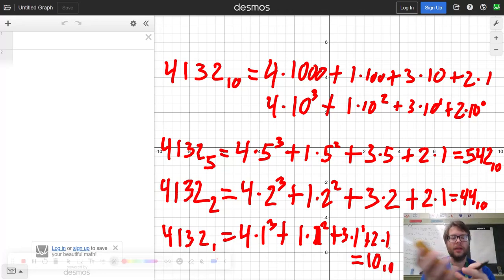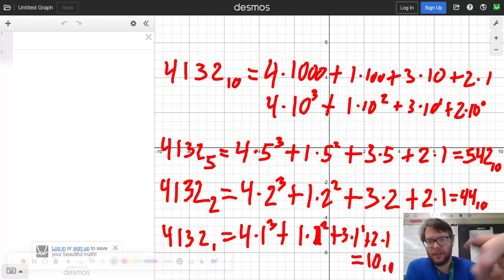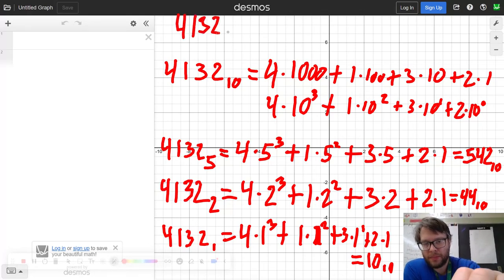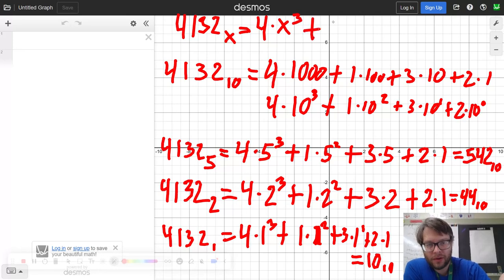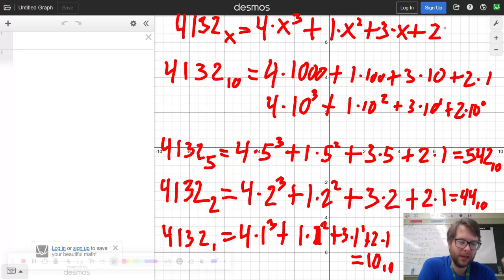Okay. Now, what I told you guys was that when I think of the base as a variable, then this number becomes a polynomial. 4x to the third, 1x squared, 3x, and 2 times 1, because all of the powers of 0 equal 1.